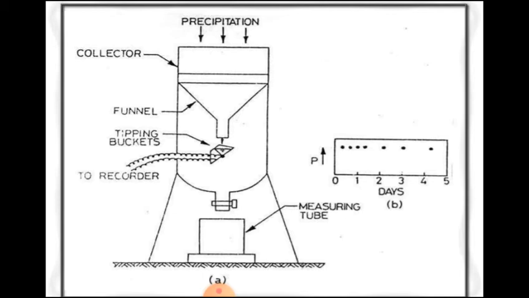So this shows the accumulation of rain in the rain gauge over time. The slope of the curve shows the intensity of rainfall. Wherever the slope is largest, the intensity of rainfall is very high.